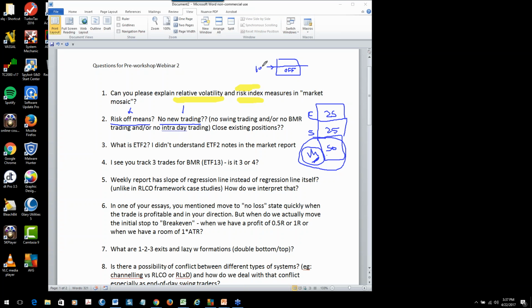I can't give you a hard and fast rule because every single person in this webinar and in the world has a different risk tolerance, and the systems that you're trading have to be understood in terms of your overall market exposure and market trading plan. What I can tell you is that when we get into risk off, the tendency over long periods of time has been that the riskier assets will underperform and the conservative assets will outperform, and that the market itself is suffering.